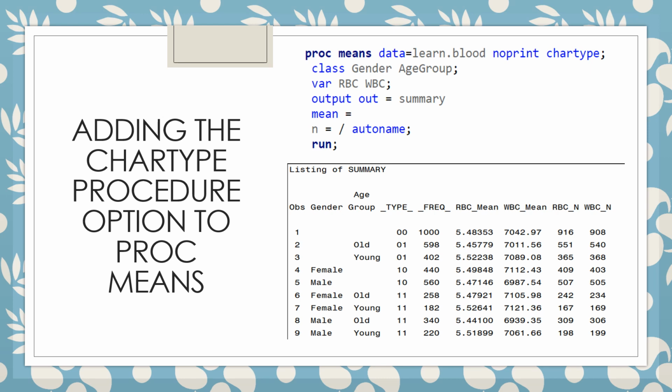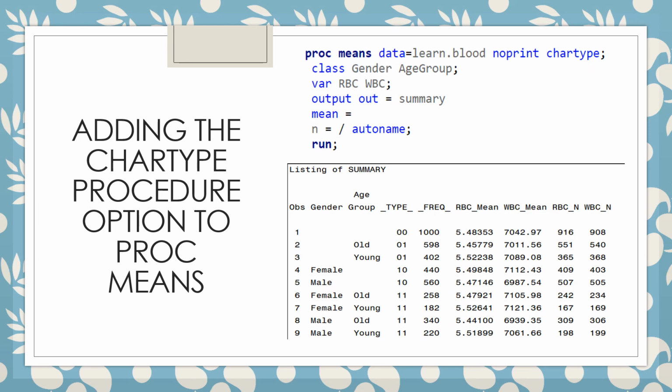Here is the rule. If there is a 1 under the class variable, the statistics in the output dataset represent the statistics computed on each level of that variable. For example, if you are computing the mean, the mean with a _TYPE_ value equal to 10 is a mean computed at each level of gender for all age groups.